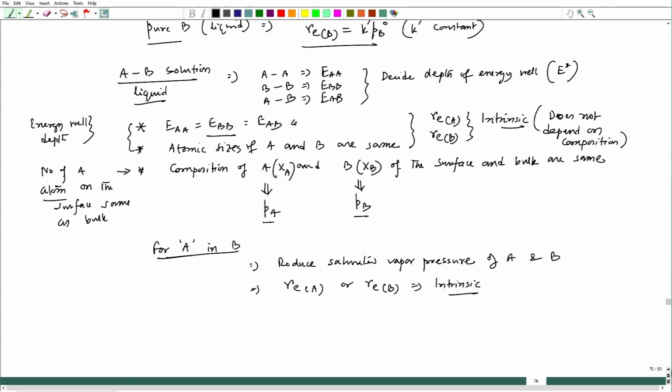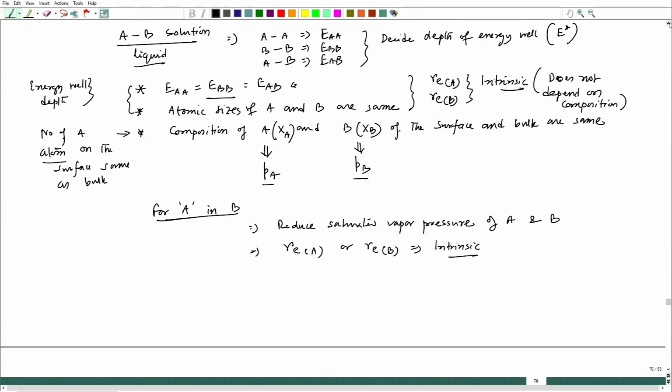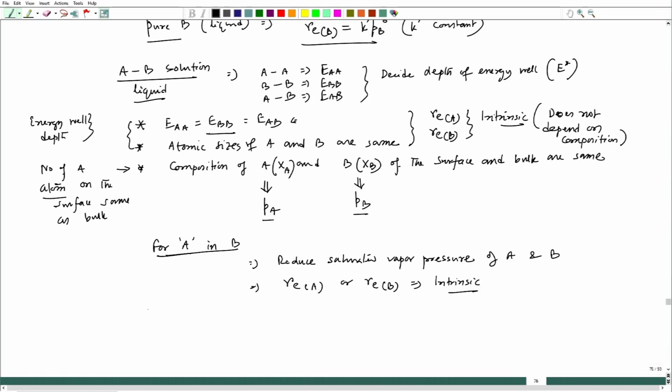Okay. So, at that time only the A atom from the surface would go to the vapor phase, or the B atom on the surface would go to the vapor phase, and the compositions are the same on the surface as well as in the bulk. So, then definitely there would be a reduction of the evaporation rate of A by XA quantity.